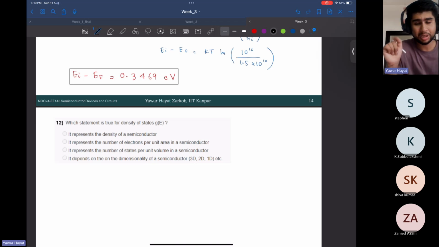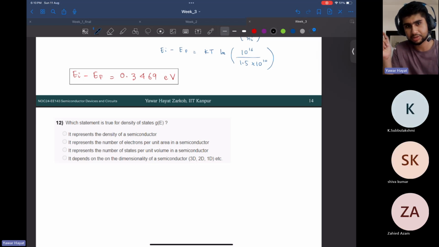I guess there is a slight confusion. This should be per unit energy per unit volume, right? Because as per the definition, density of states is per unit energy per unit volume. So that is the reason why we will discard this option C. Is that fine, Shiva?